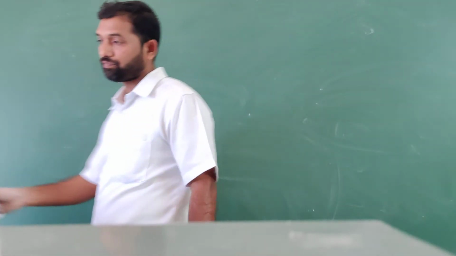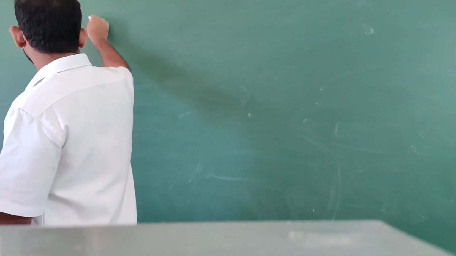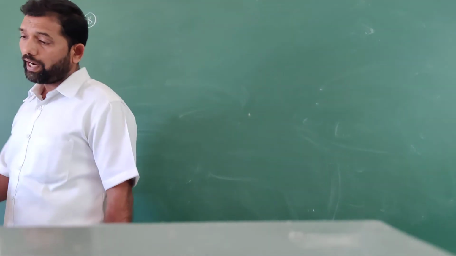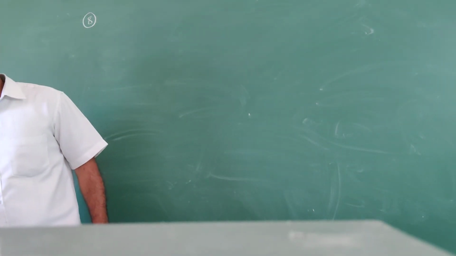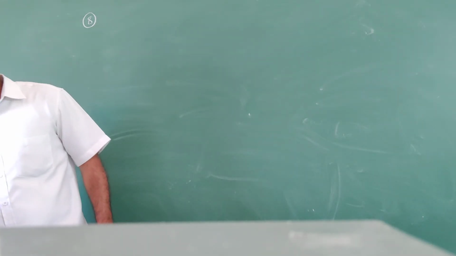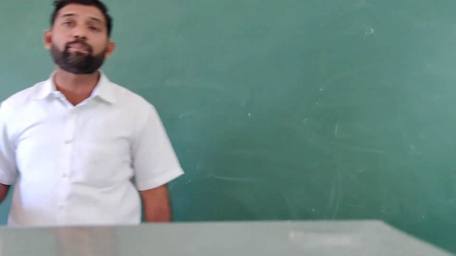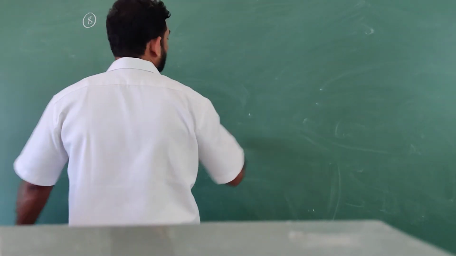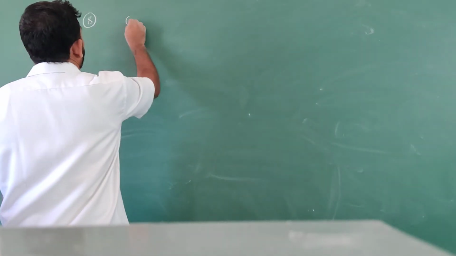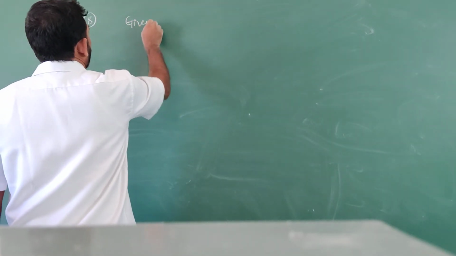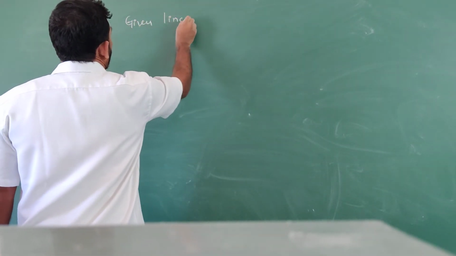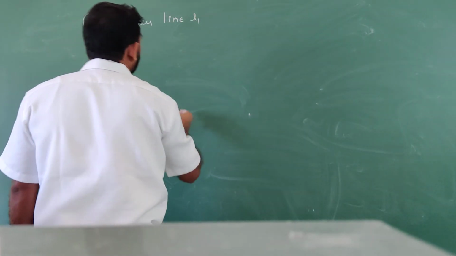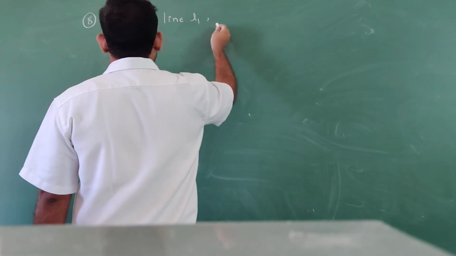Next one, eighth one. Find the equation of the line perpendicular to the line, and having x-intercept 3.